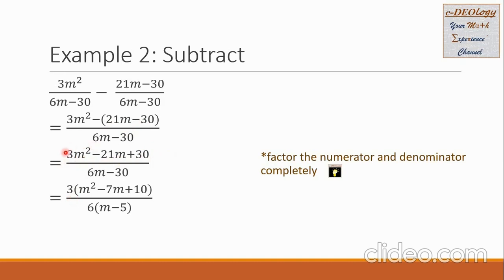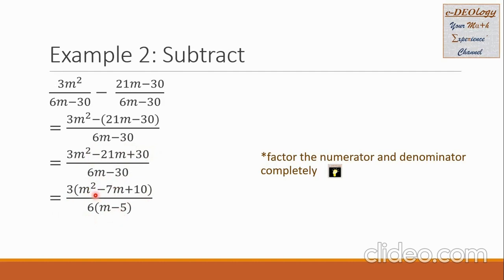For the first term, what remains is the m squared. For the second term, it becomes negative 7m. For the third term, it becomes 10. In the denominator, there is a common factor of 6. We will pull it out. So the 6m here becomes m, and the negative 30 becomes negative 5.